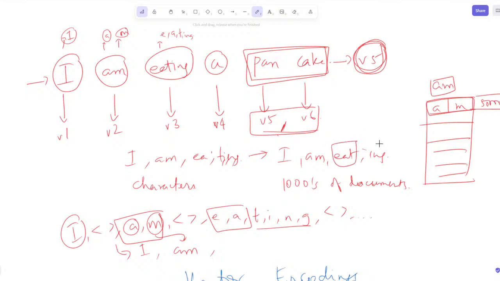Should I merge these together? Should I make eating a single word? I am eating, I am playing, I am jumping, I am dancing. There's a lot of ings there. Should I merge them with the original words? Or should I have ing separate?